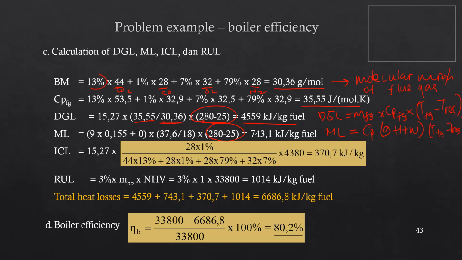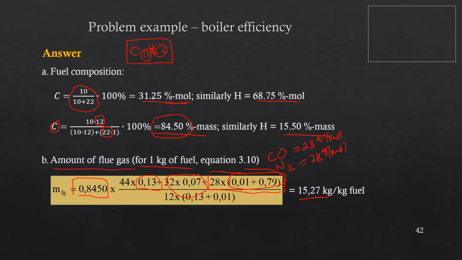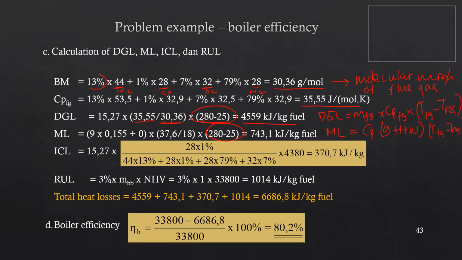Okay, so what is the H value in here? How do we get 0.155? Let me have a look. Okay, from here. We have the mass percent of the hydrogen, which is 0.155. So we put it over here.